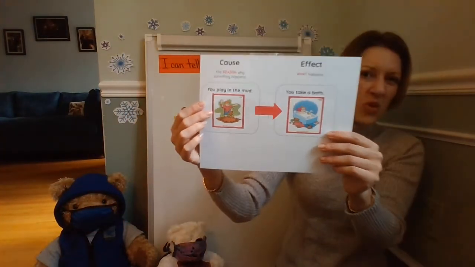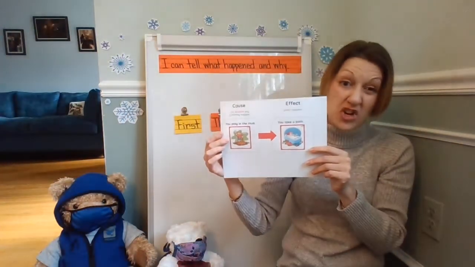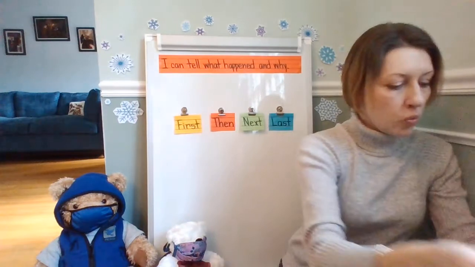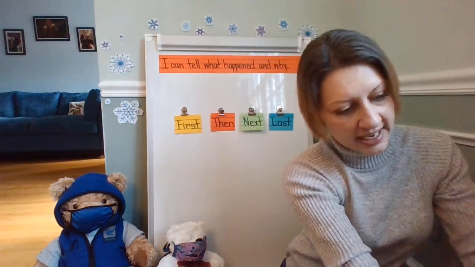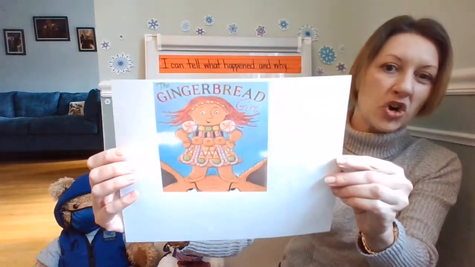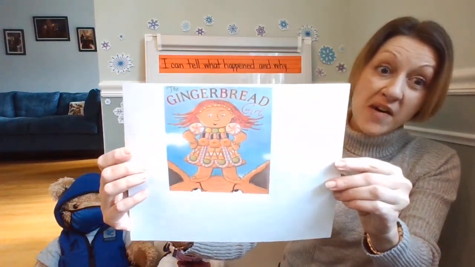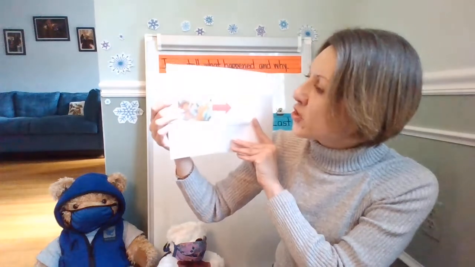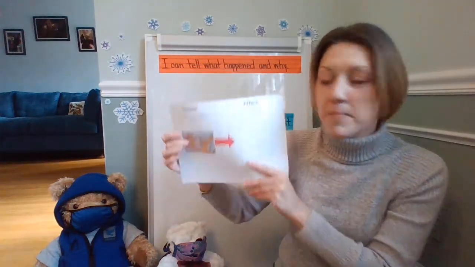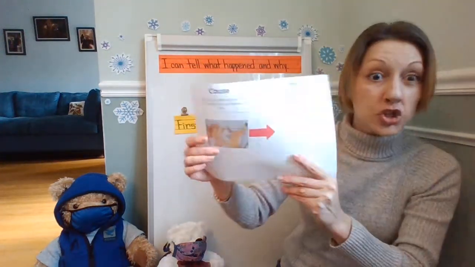So today we are going to be talking about cause and effect, but we are going to be looking back at the story, The Gingerbread Girl. So I have a question for you. Are you ready? Okay, so if the cause is this part here, this happened last in the story.